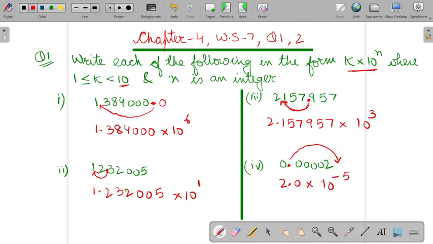So negative power. Remember, if we are shifting towards the left side, then the power would be positive, but if we are shifting towards the right side, then the power would become negative. But remember that while shifting the decimal, one digit should be there before it, and the number should be greater than or equal to 1 but less than 10.